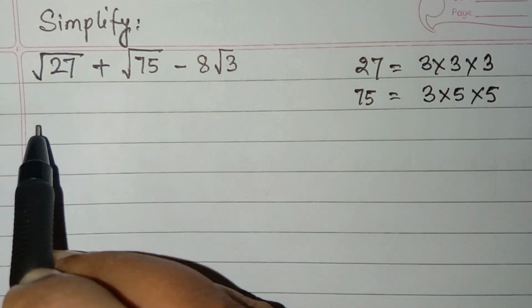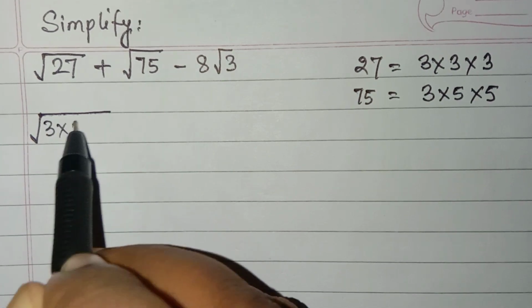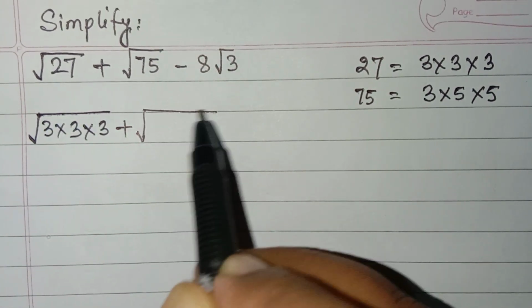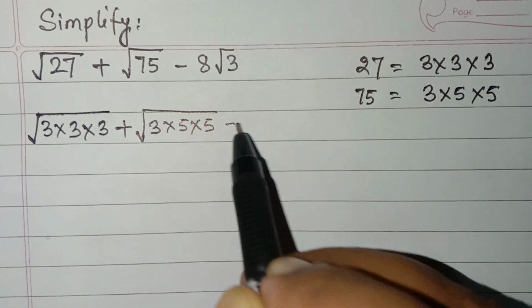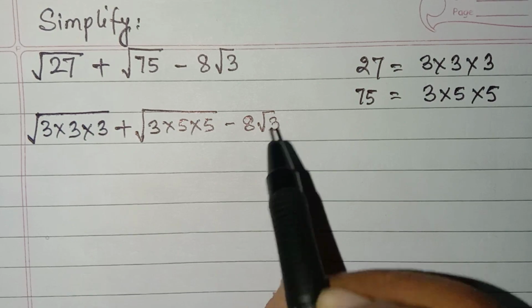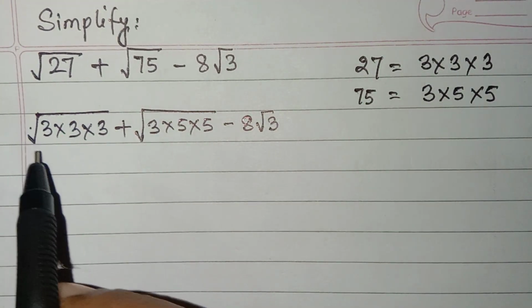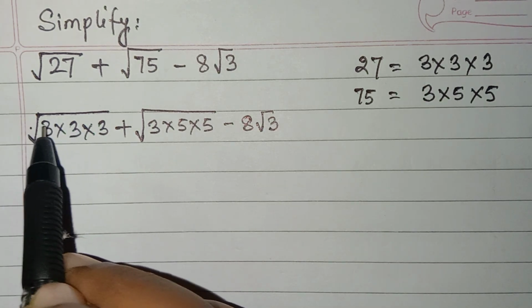So root 27 we can write as root of 3 times 3 times 3, plus root 75 can be written as root of 3 times 5 times 5, minus 8 root 3. Okay, so here we see that this is a square root, so a pair of 3s will be free from the square root.